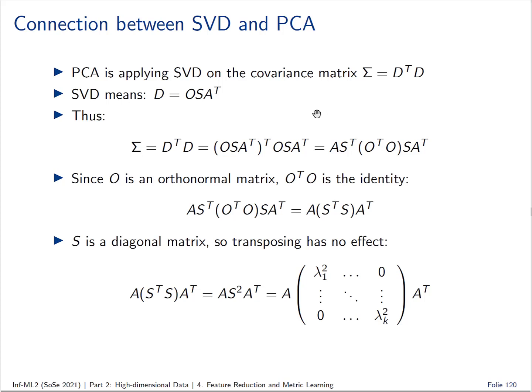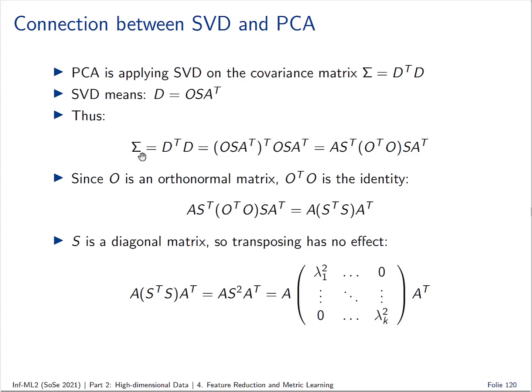We take a closer look at the decomposition of the covariance matrix. We have the covariance matrix, which is computed from the original normalized data matrix. SVD decomposes our data matrix into these three matrices, O, S, A transposed.